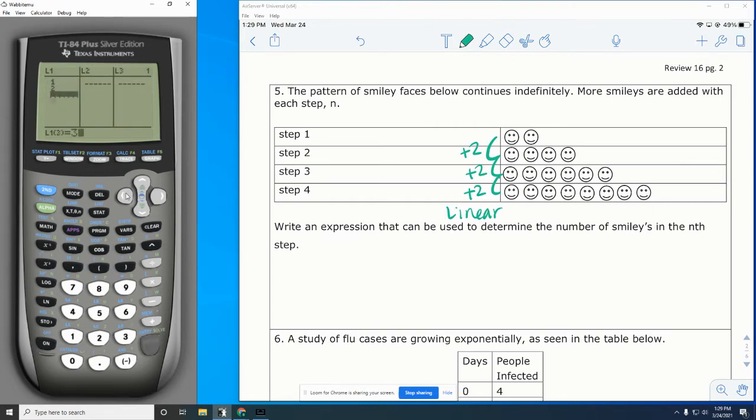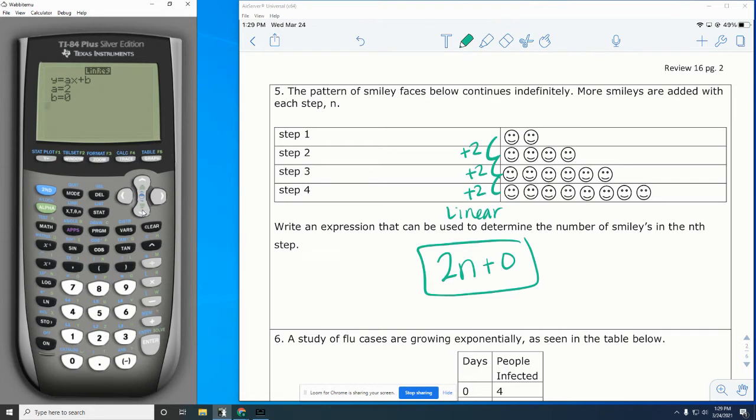So I have steps 1, 2, 3, and 4, and then 2, 4, 6, and 8 smileys. Because it's linear, I'm going to do stat calc 4. My expression will be 2n plus 0, or 2n. You could also put 2x. It's the same thing.